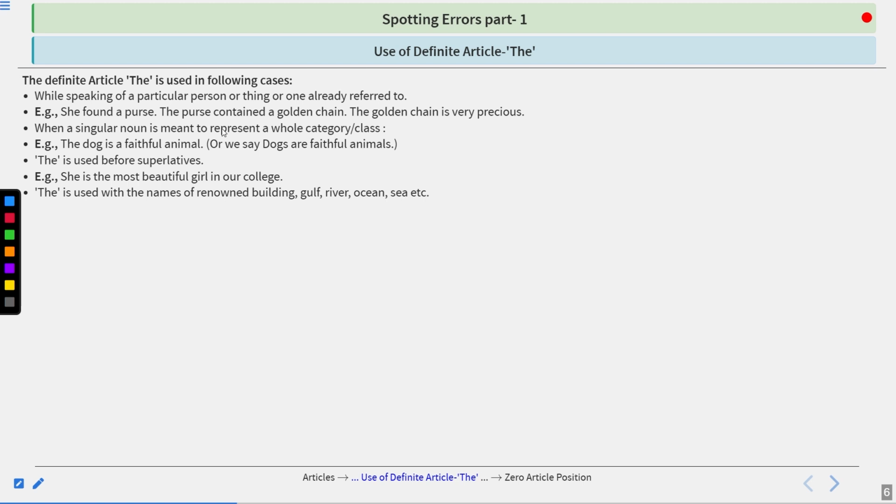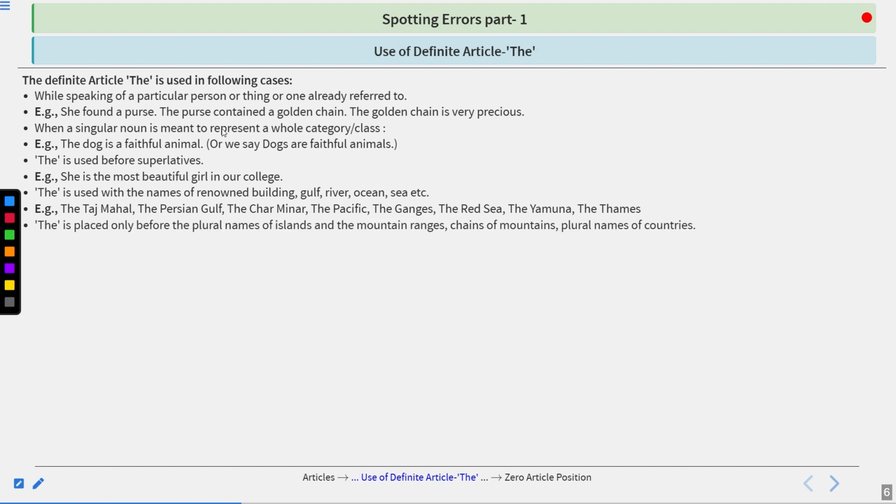The is used with the names of renowned buildings, gulfs, rivers, oceans, seas, etc. Example: the Taj Mahal, the Persian Gulf, the Charminar, the Pacific, the Ganga, the Red Sea, the Yamuna, and the Thames. The is placed before the plural names of islands, mountain ranges, chains of mountains, and plural names of countries.